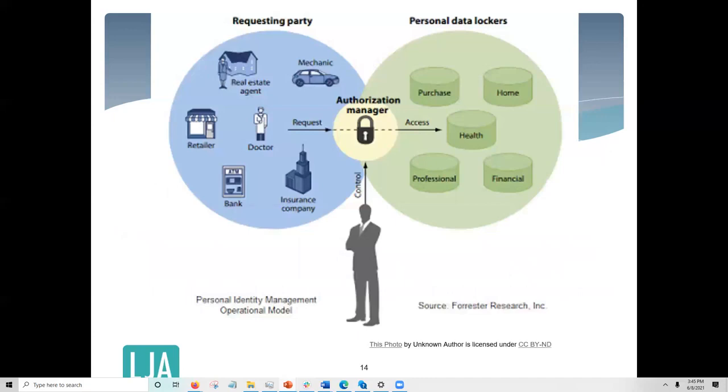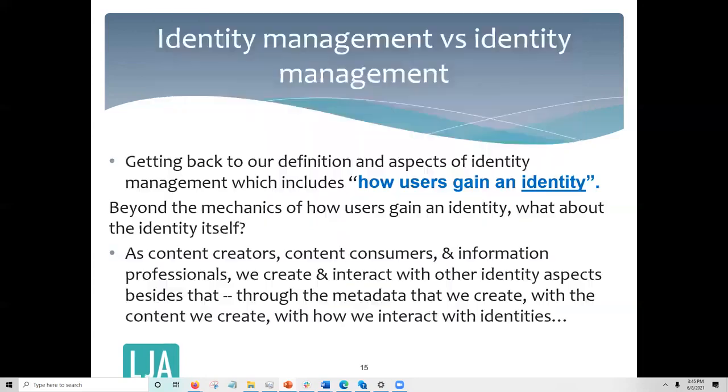So I kind of like this little diagram because it's really about managing your own personal identity and thinking about what that means in terms of how you share information and who you share information with. So identity management versus identity management. So getting back to us and our definition and aspects of identity management.